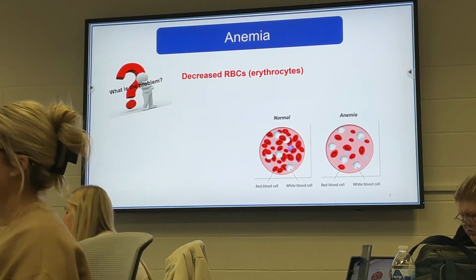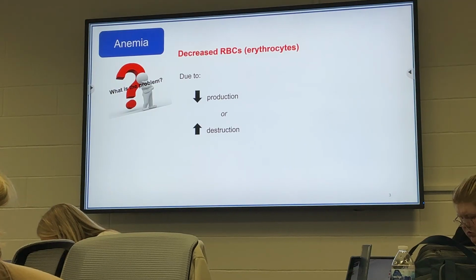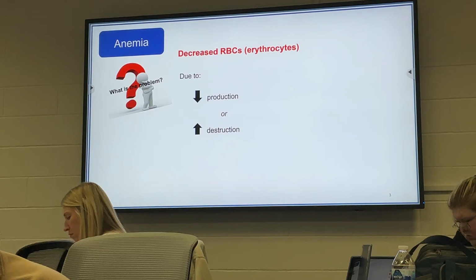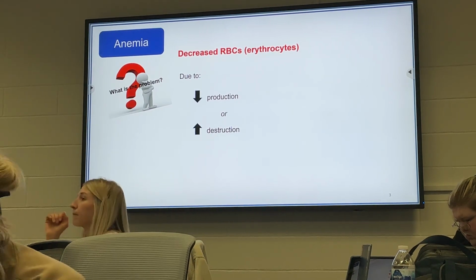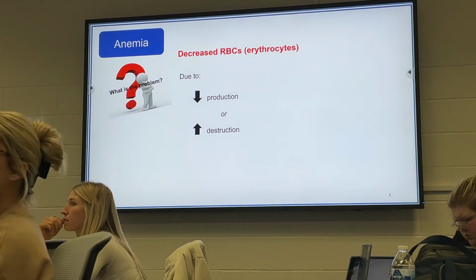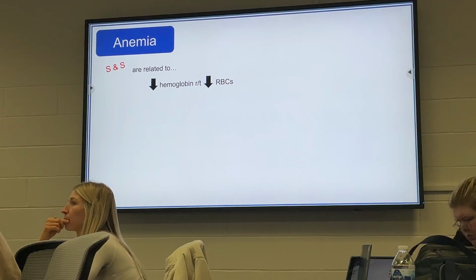The theme is the same. The theme is the patient's going to have decreased red blood cells, and it doesn't really matter from a nursing standpoint whether it's an issue of not getting enough produced or the issue of them getting destroyed by the patient's body. It makes no difference at all. So you don't have to differentiate between them because you're worried about caring for your patient, what caused the anemia, and management of that.